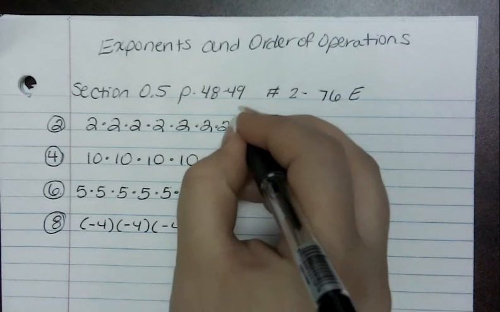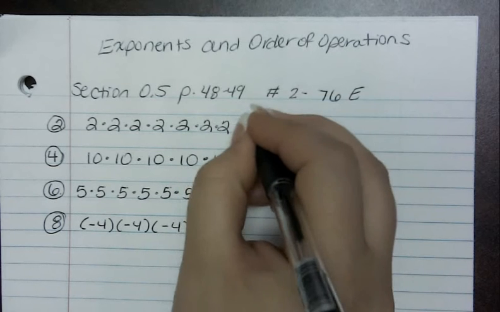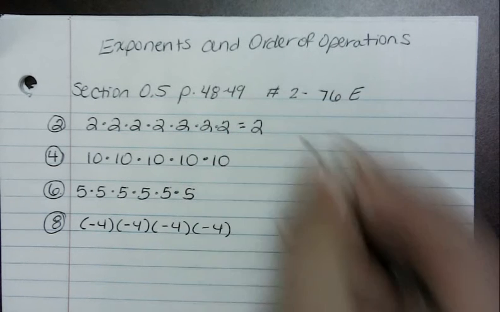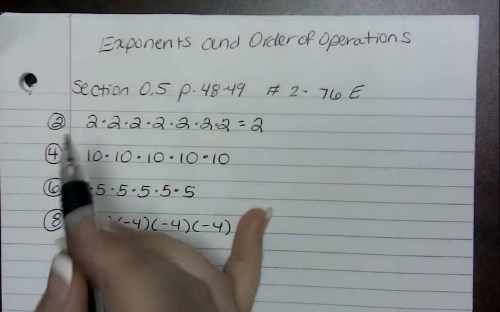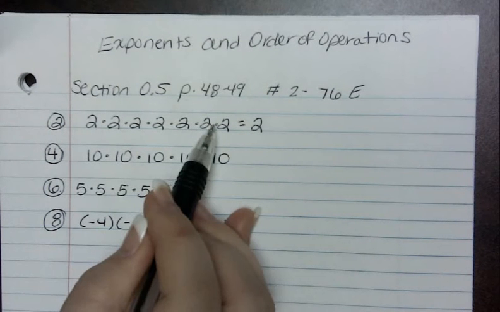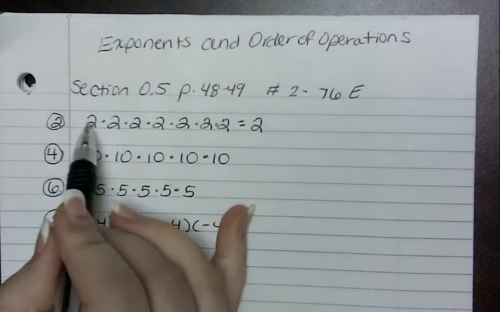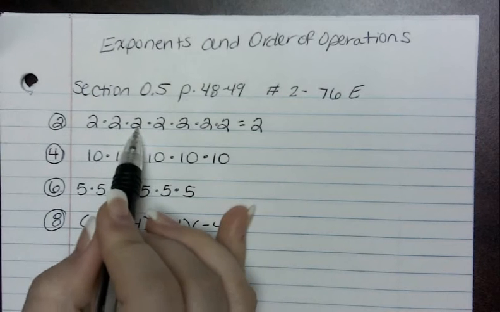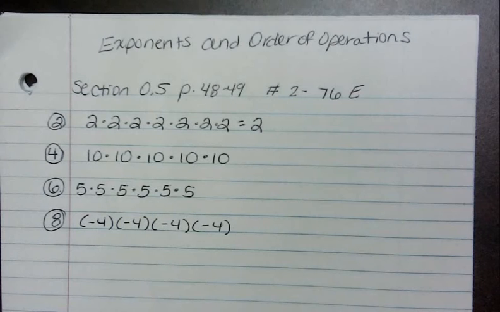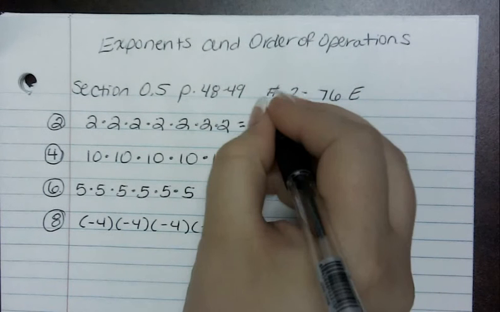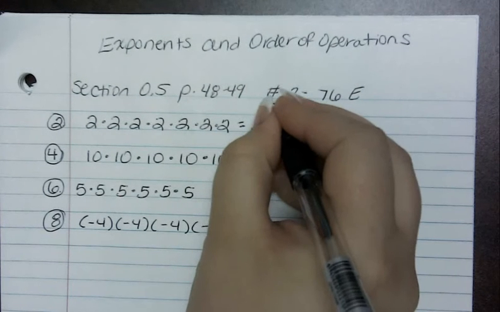What we would do is write our base, which is that number that's written multiplied by itself multiple times. So 2 is considered our base, and then you count how many 2's are being multiplied. 1, 2, 3, 4, 5, 6, 7. So we would write our exponent as a 7.